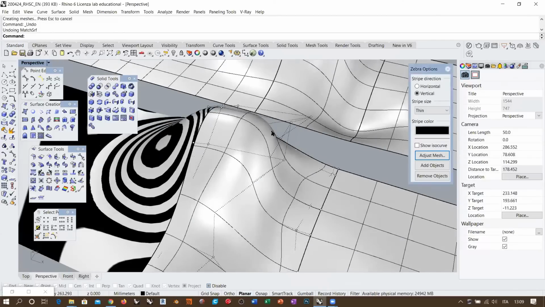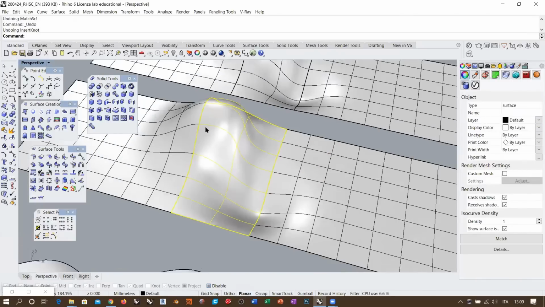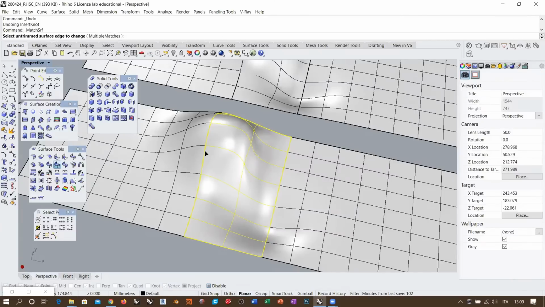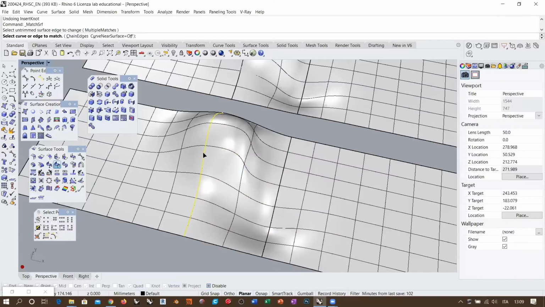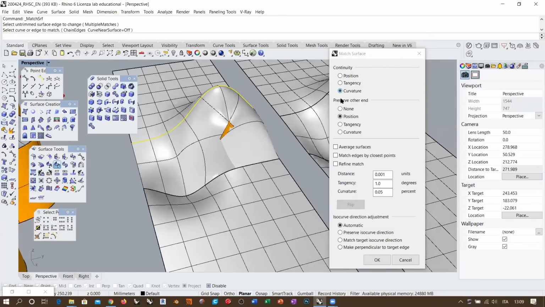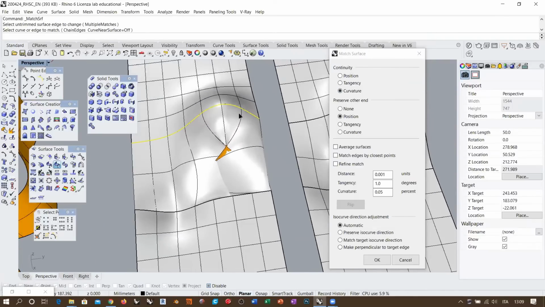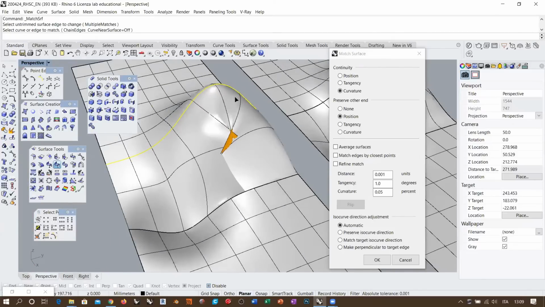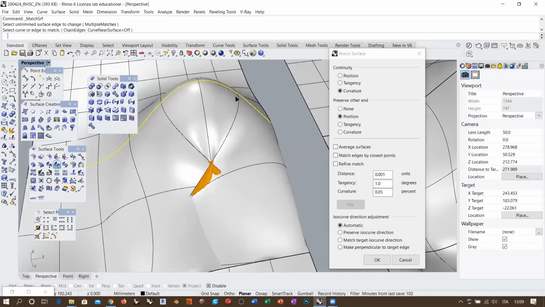Let me double check what I did with the match, which is the only new operation that I did. Let me see if I did it correctly, right? So match surface, I want to match this edge with the opposite edge. So now I am considering curvature. You see that actually considering curvature, now it's working. So I did something weird before, I don't know what, but you see that now, for example, this deformation here.